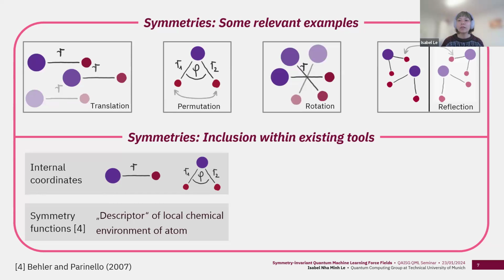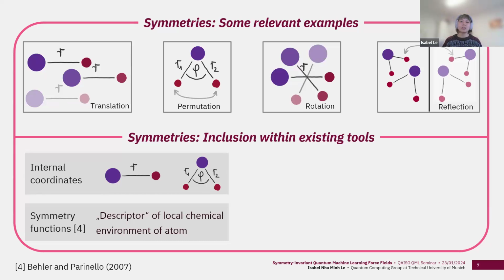So to do so, the data that we input can simply be made invariant itself. For example, internal coordinates, such as bond distances or angles, are already, by definition, suitably invariant. Or alternatively, we could also construct so-called symmetry functions.